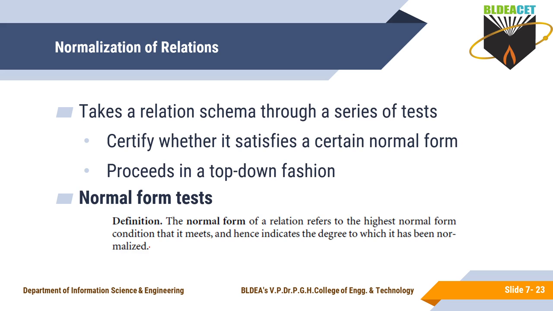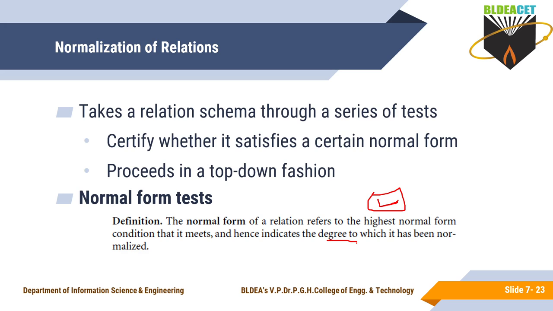If your relational schema passes all three tests, meaning it satisfies all the constraints, then that is the highest normal form you get. That indicates the degree level of the relation.